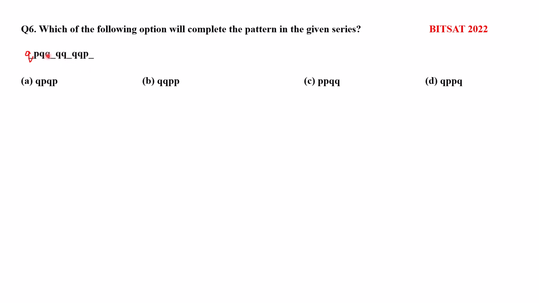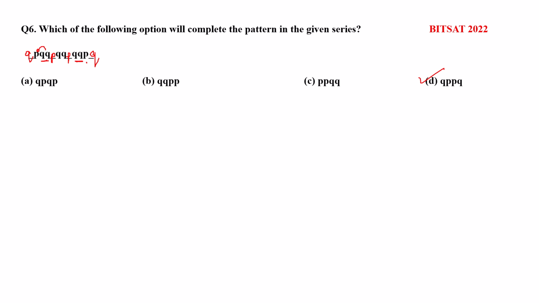So before 2Q, P was there. So here also P will come, here also P will come. Okay, so this place also P, this place also P. So see the pattern, 2Q is here. Where is 2Q? Here. Before that P is there. So that pattern only you have to write. Now next is P. After P, Q. So this is the pattern. So it is Q, P, P, Q. D is the correct option.